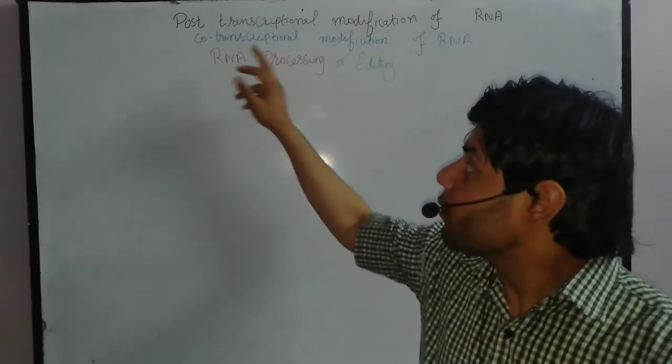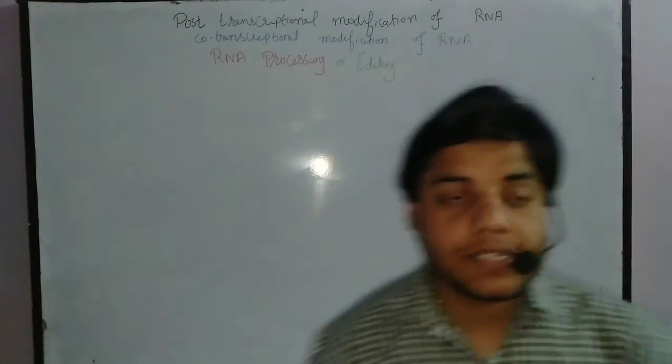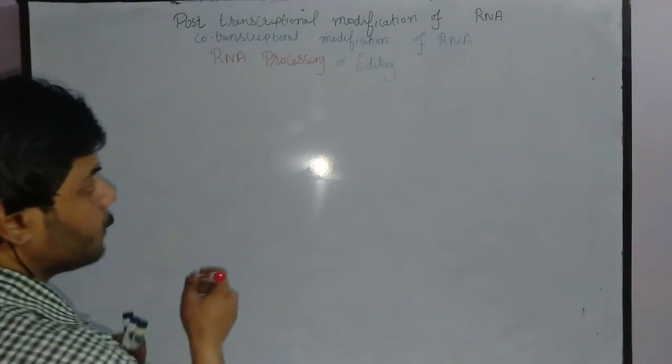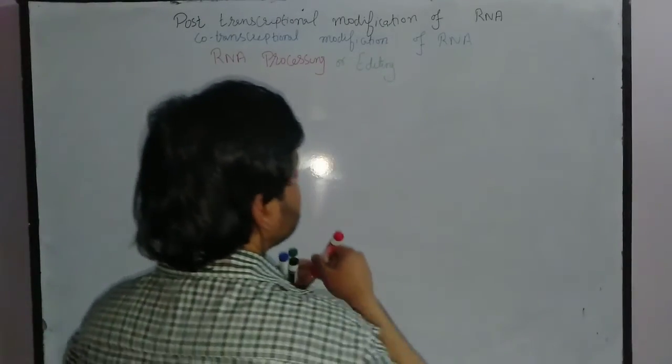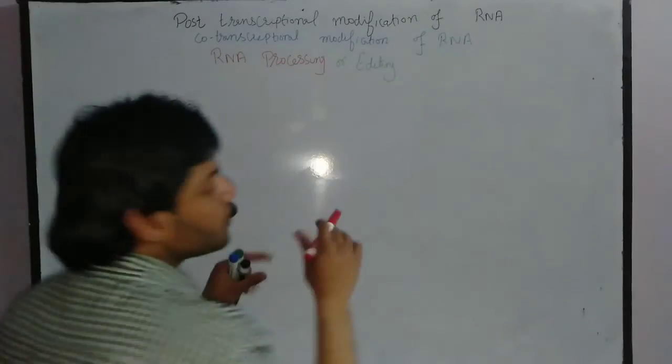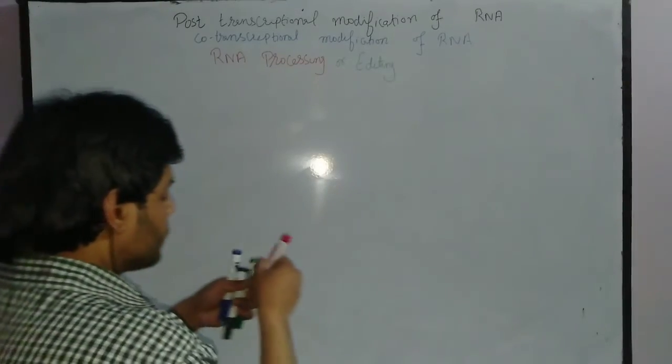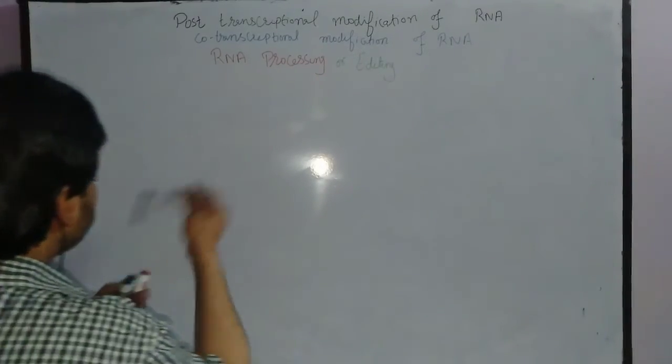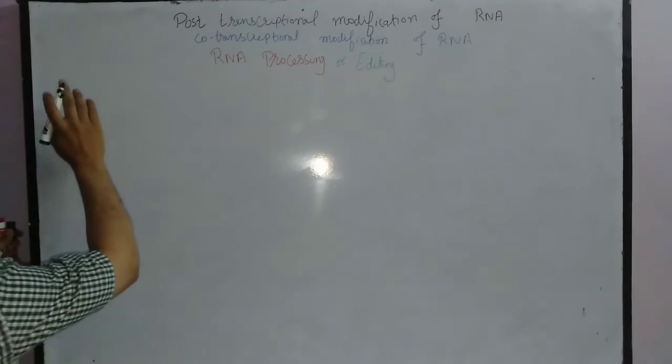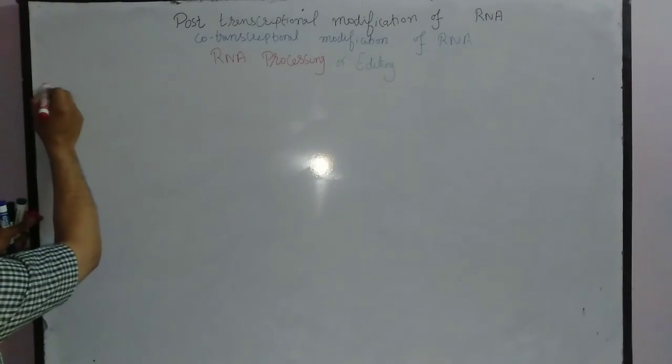So remember, post-transcriptional modification or RNA editing mainly involves three main stages due to which the RNA is modified. Let me write them here. The first is 5' capping.